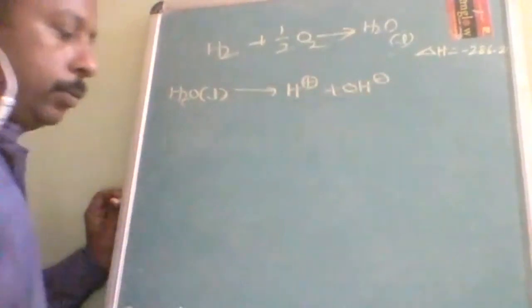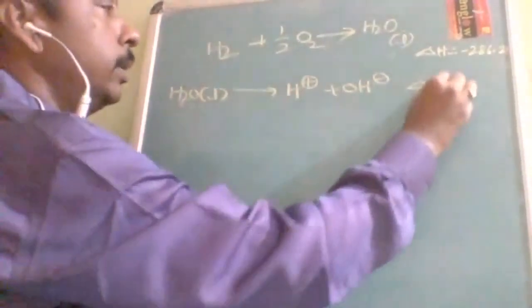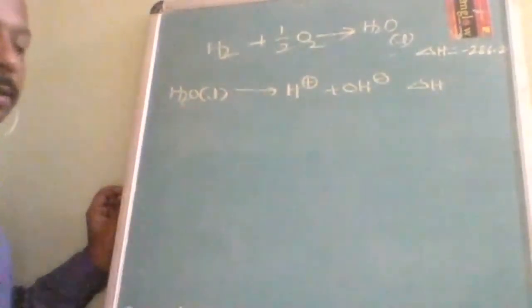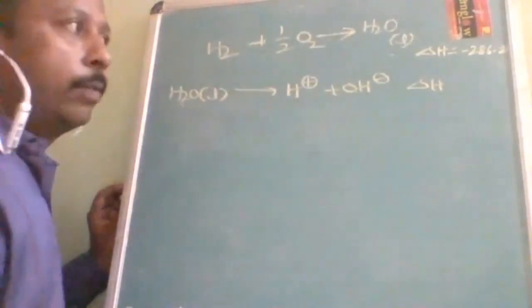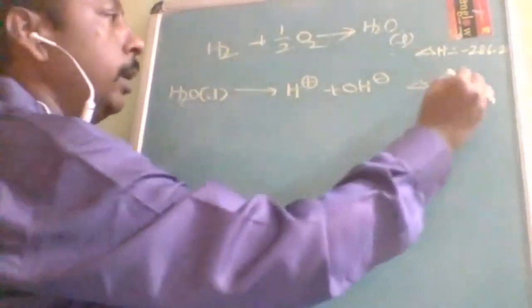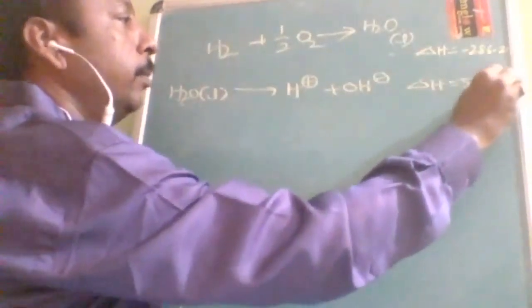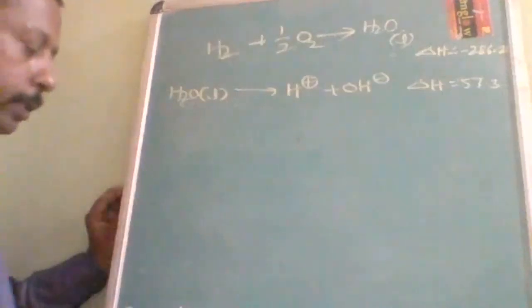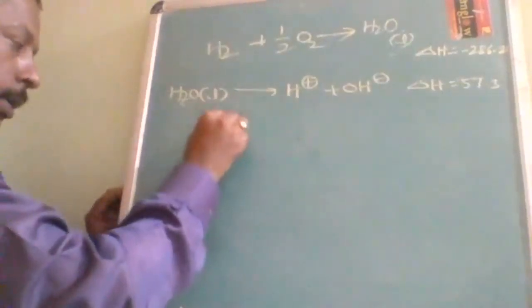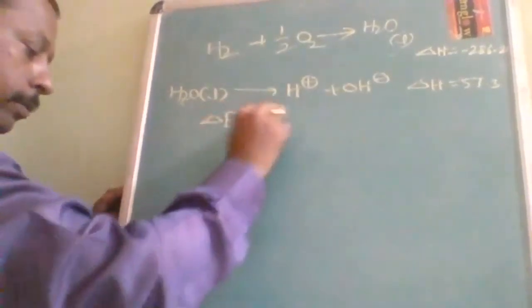This is just the opposite process of neutralization, just like hydrolysis, and it is equal to 57.3.